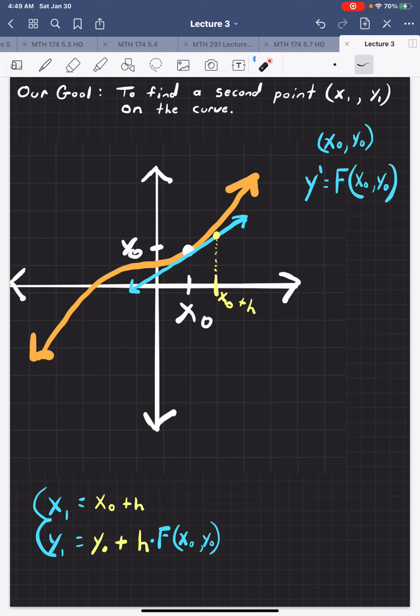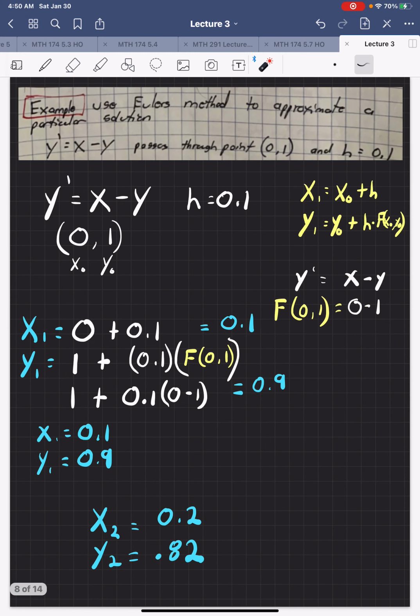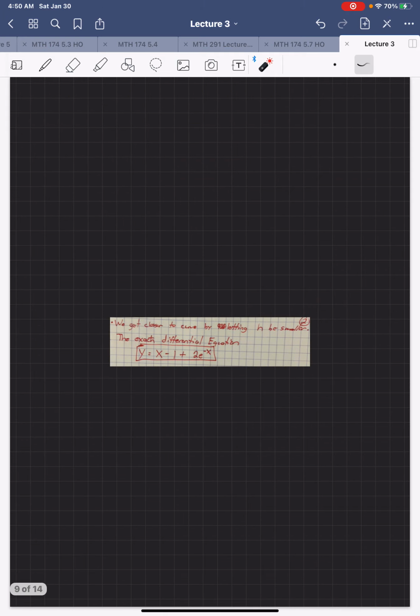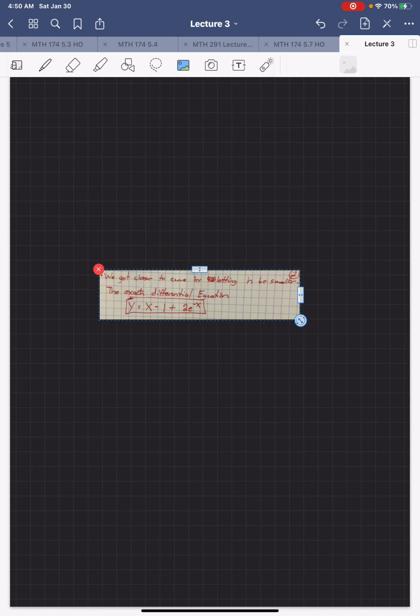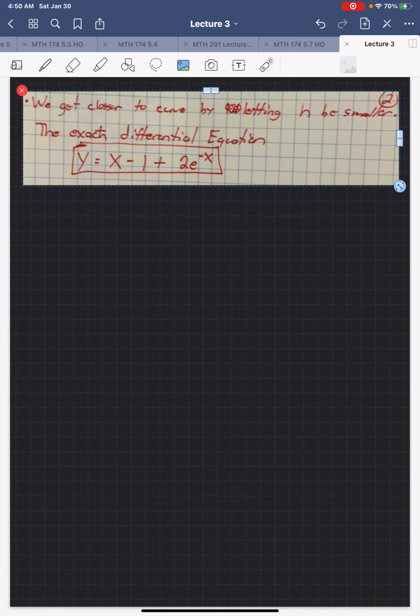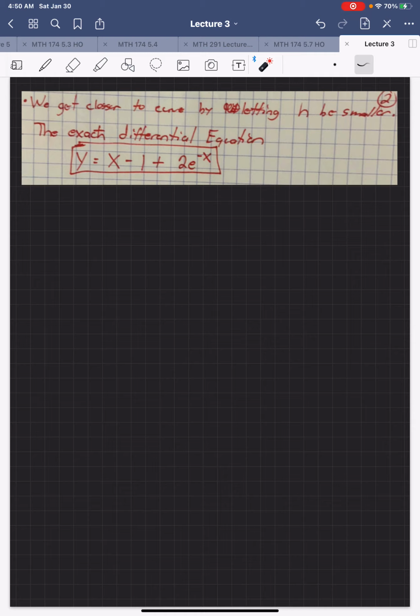So what does this mean in terms of exact solutions? Well, let me go ahead and tell you what the actual particular solution to this is. You know, we get closer and closer to this true curve by letting our distance h approach 0. But look, this is the exact solution.